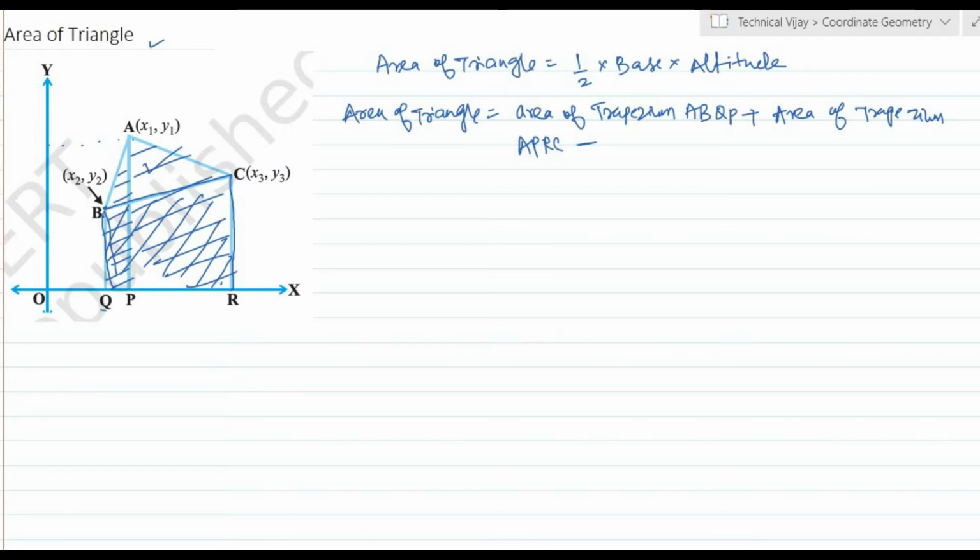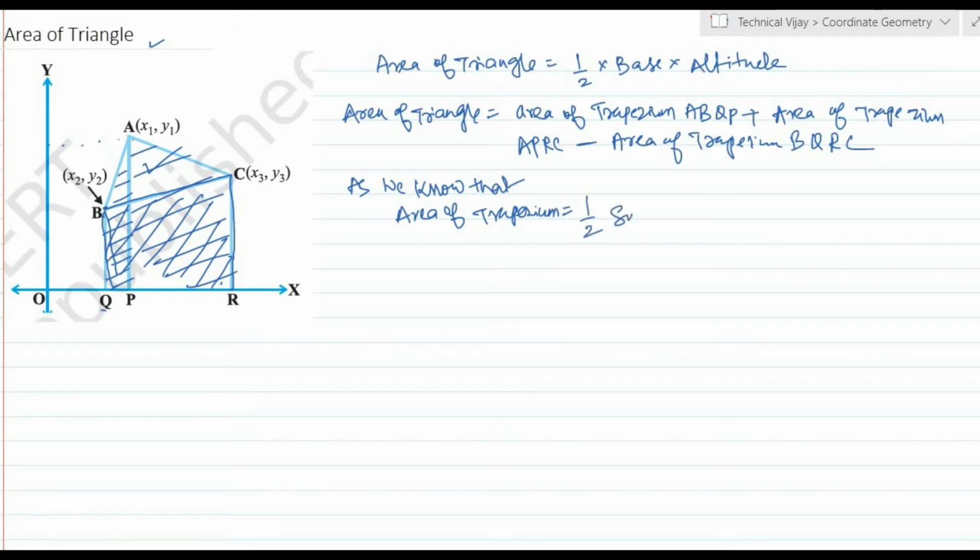So that you will get the area of the triangle. Minus the area of trapezium BQRC. As we know, the area of a trapezium is half of the sum of parallel sides into the distance between them.